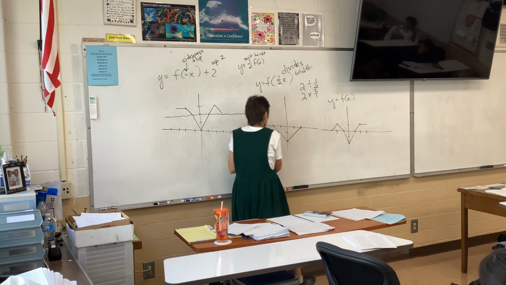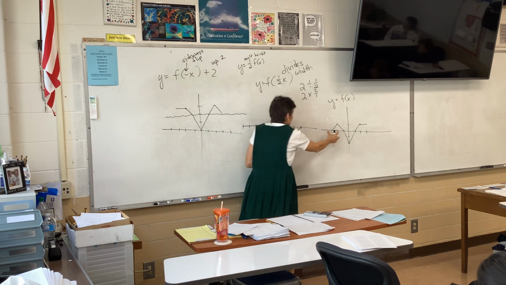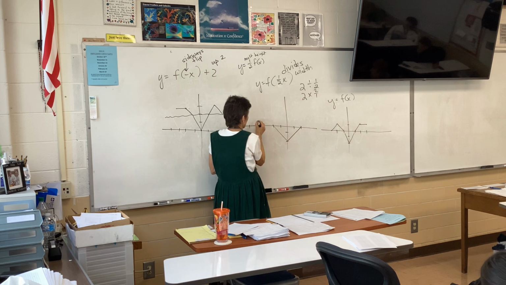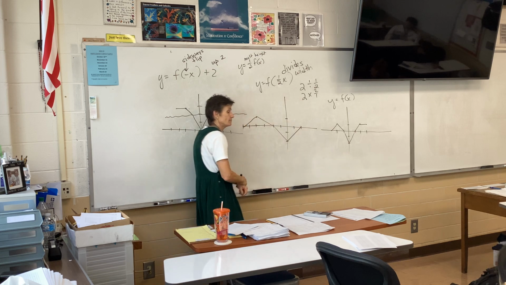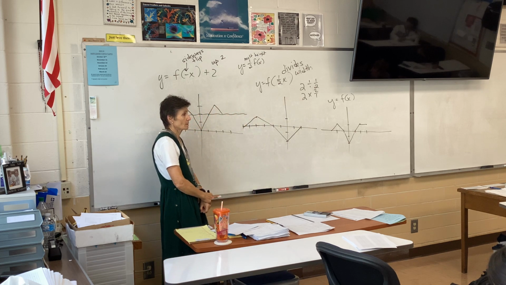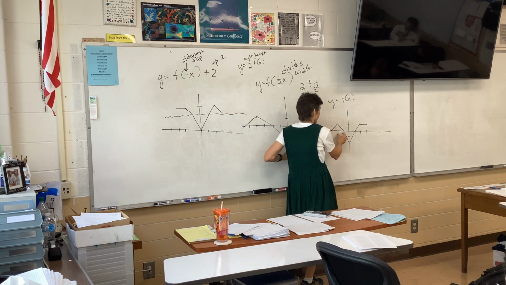So this little triangle that's over here on the left side is now also 4 wide. So think of every hash mark as being doubled.